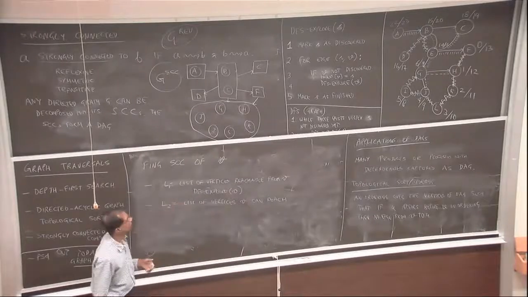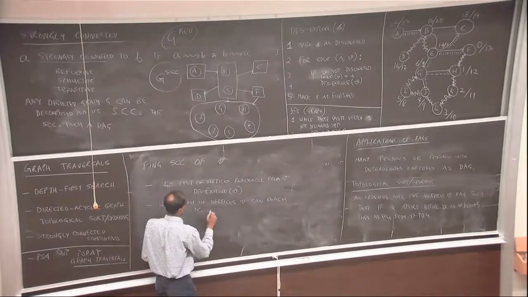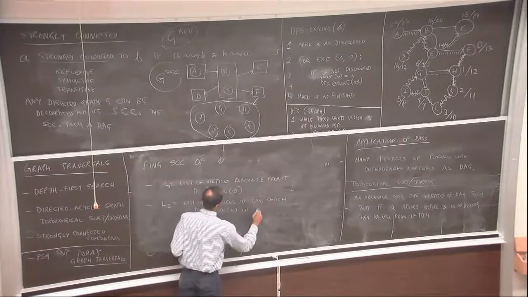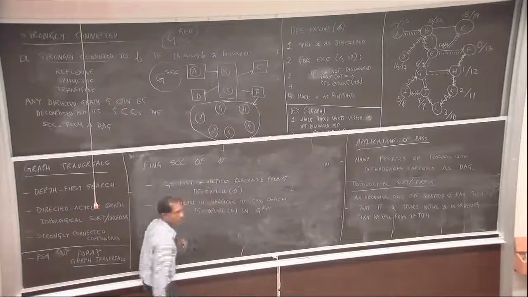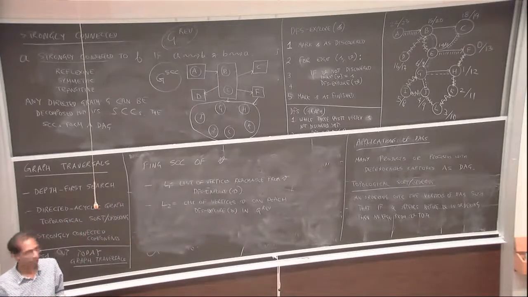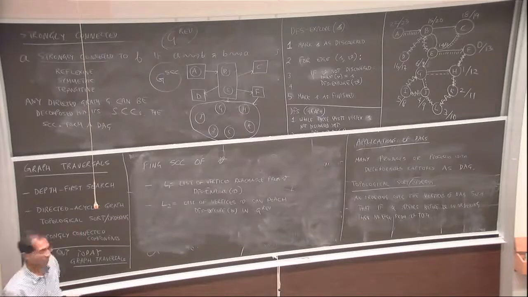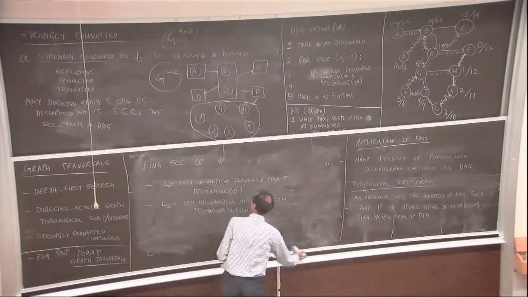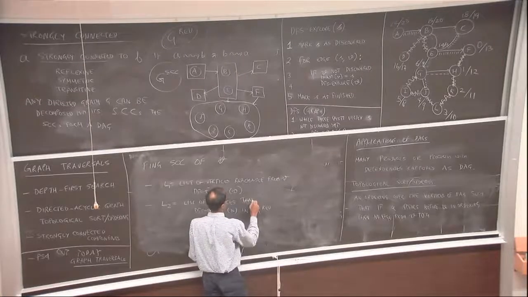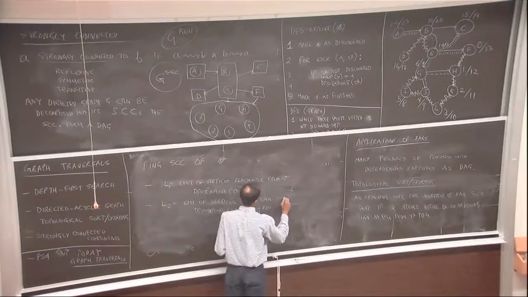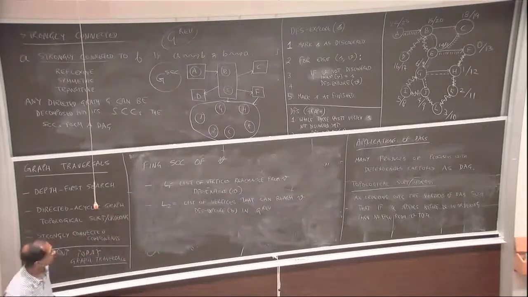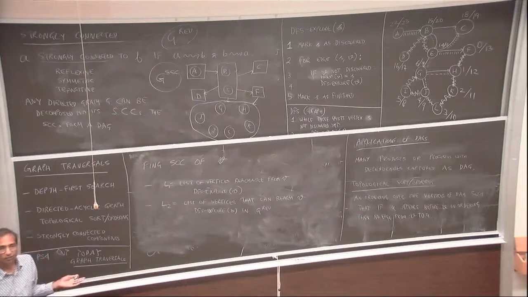How do I do that? I do DFS explore on V in the reverse graph. And then what do I return?